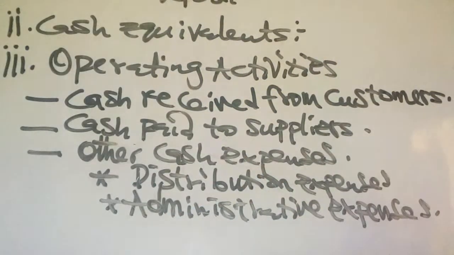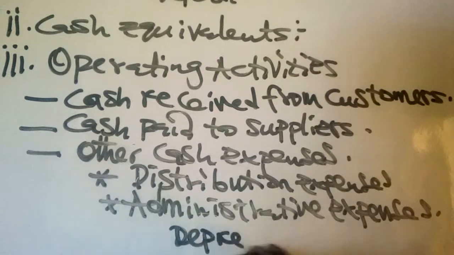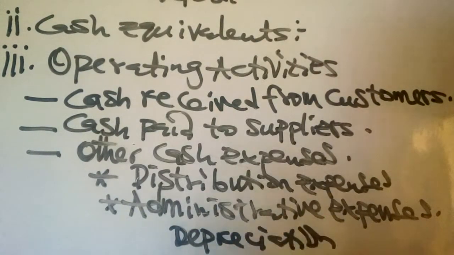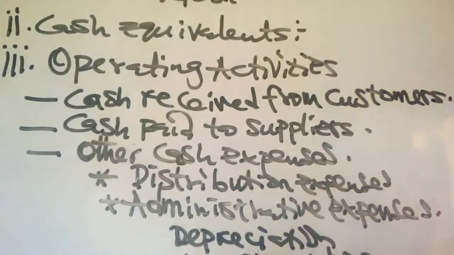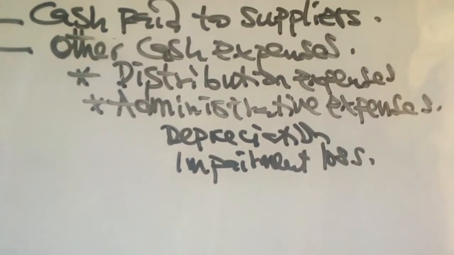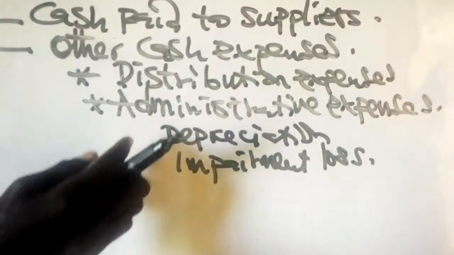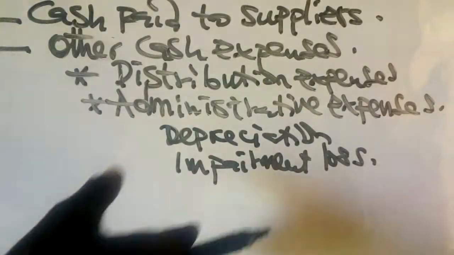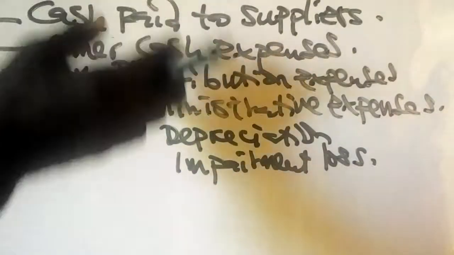You have to remove items such as depreciation and impairment loss from these expenses, only where they have been included in either distribution expenses or administrative expenses. That is when you will need to eliminate them.